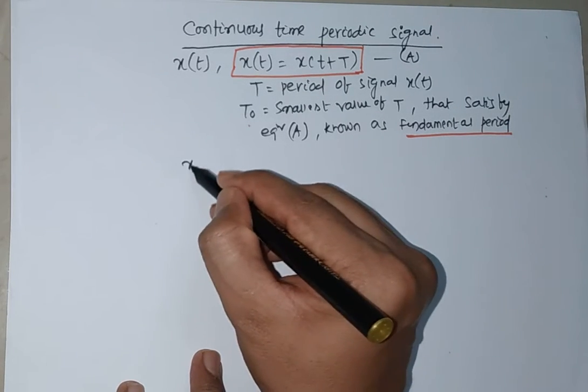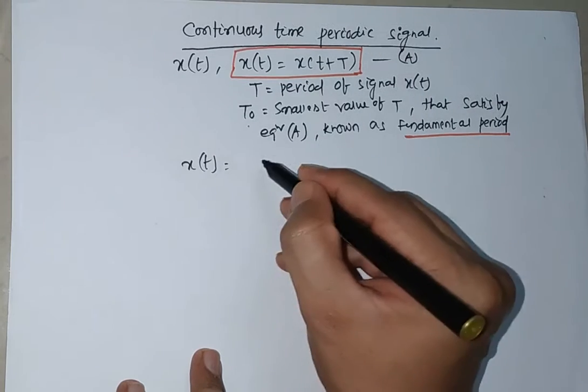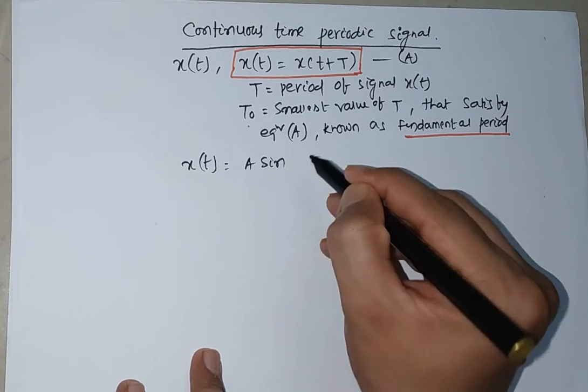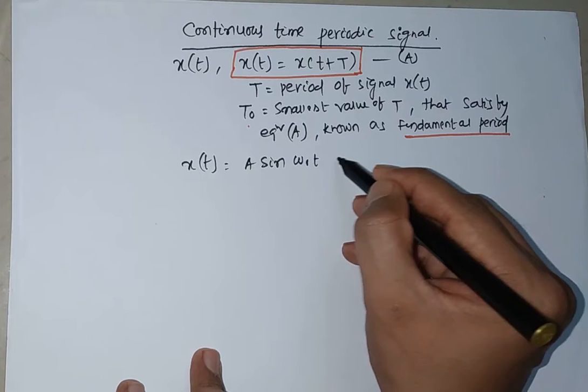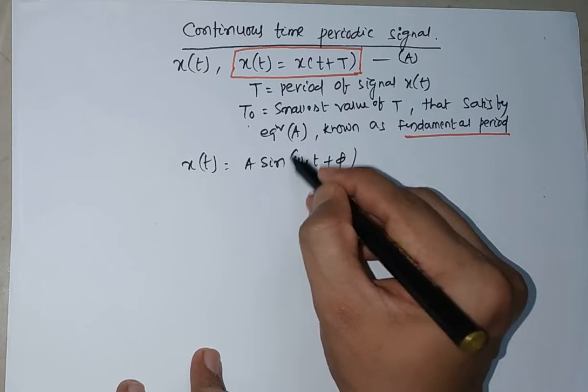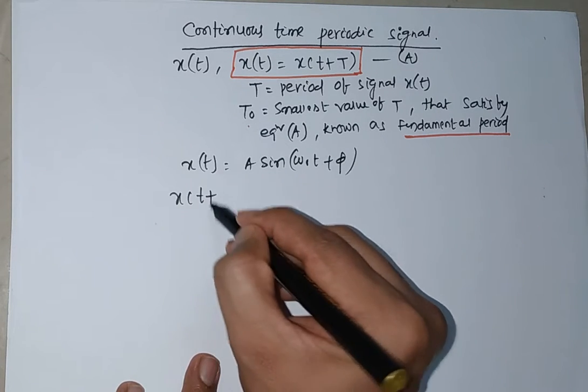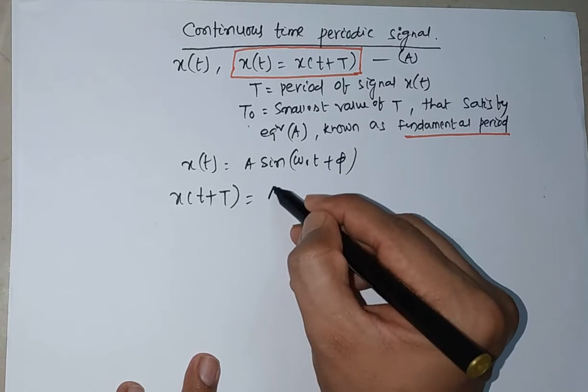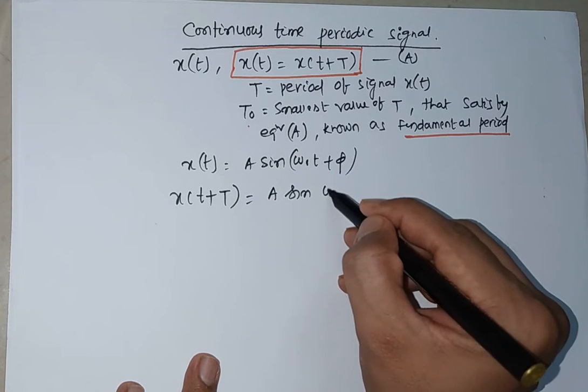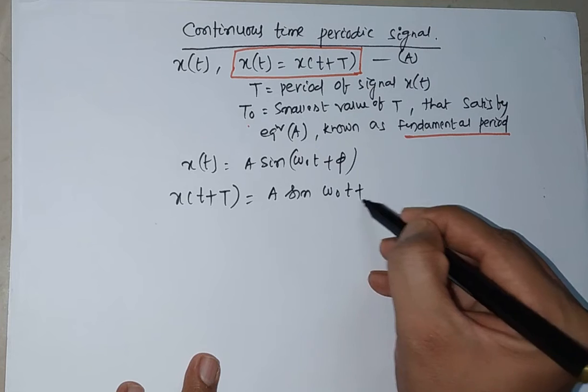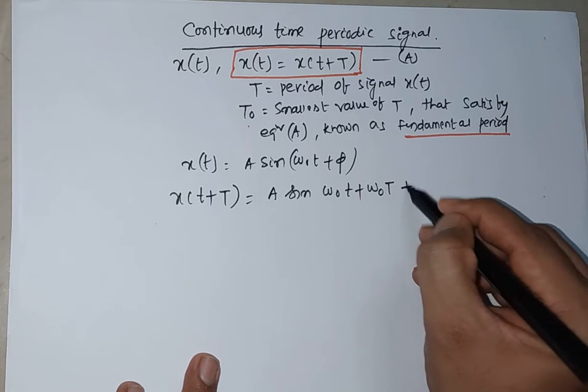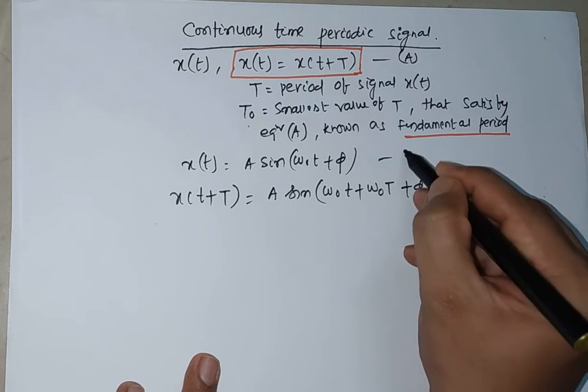Now let x of t be a sinusoidal signal, A sin omega 0 t plus phi. Then x of t plus capital T is A sin omega 0 t plus omega 0 capital T plus phi.